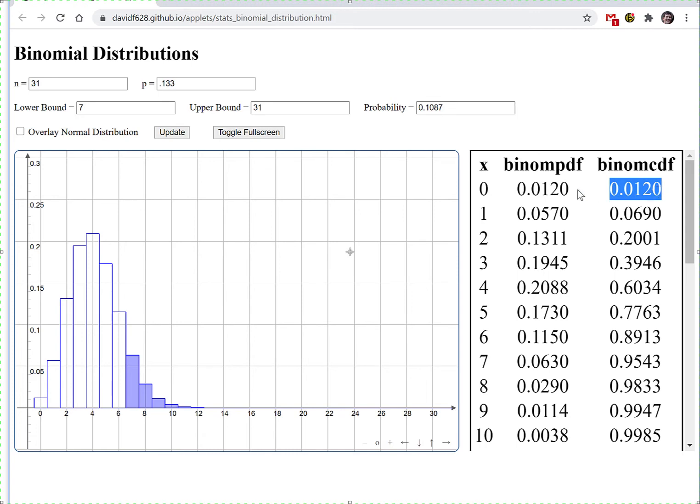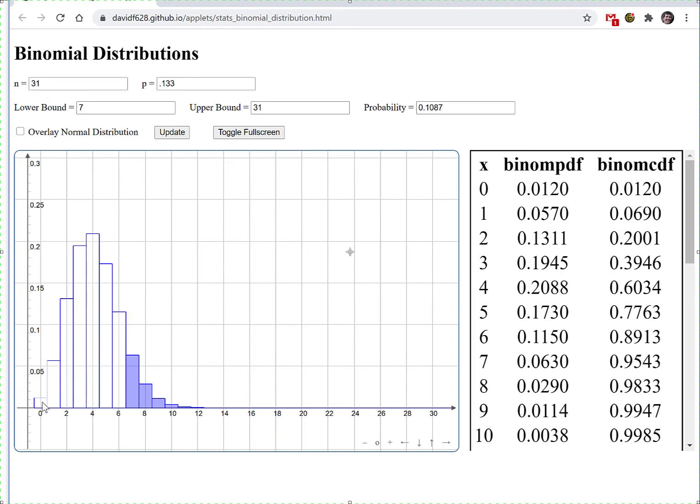So 0.0120 comes straight across. But if you add 0.0570 to that, you get 0.0690. If you add 0.1331 to that, you get 0.2001.